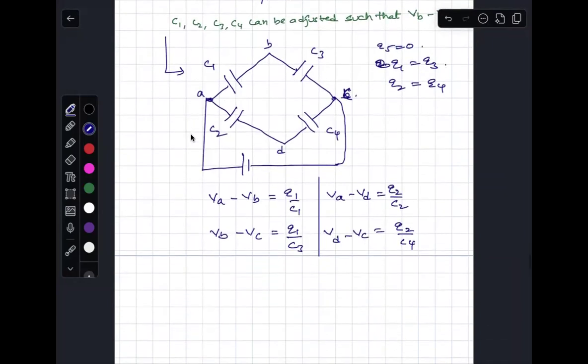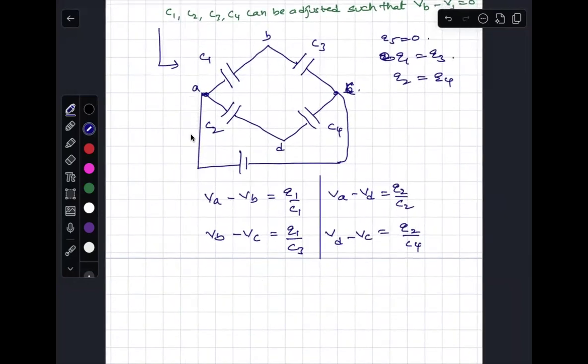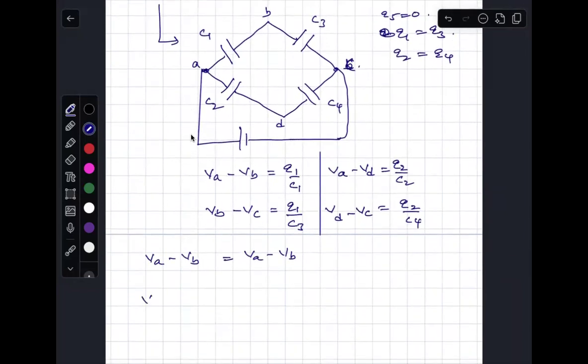From this, and you already know, VA minus VB is the same as VA minus VD. Similarly, VB minus VC is the same as VD minus VC.